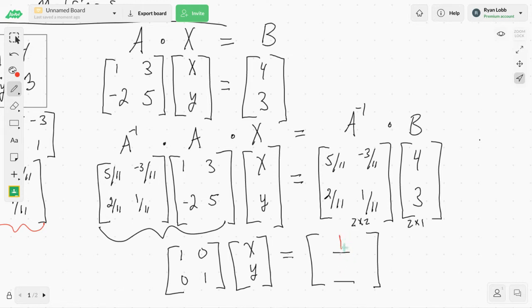Then I go down to the next row. 2 elevenths times 4, 1 eleventh times 3. So I get 8 elevenths plus 3 elevenths is 11 over 11, which is 1.